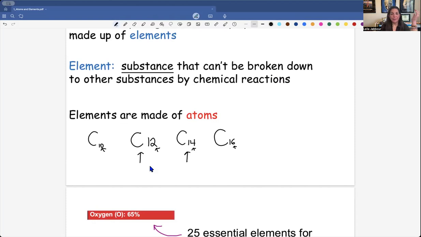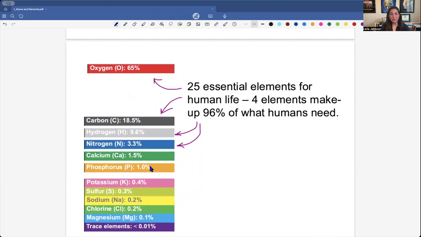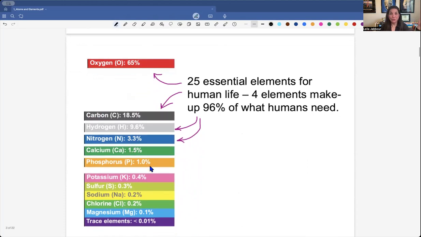So as human beings, we have 25 essential elements that we need for life. So you need to know those, and especially the 4 elements that make up 96% of what we need: oxygen, carbon, hydrogen, and nitrogen. You have to know at least those 4.